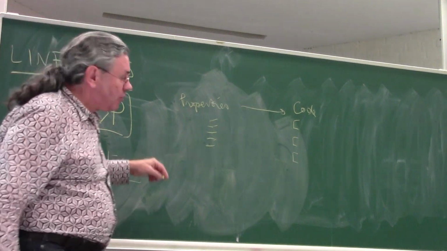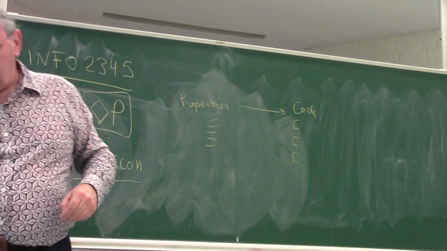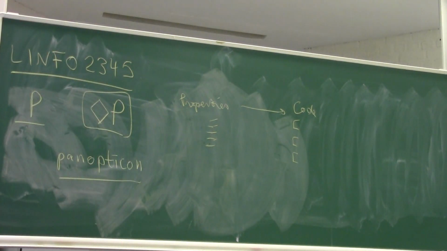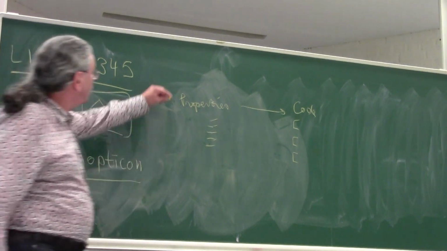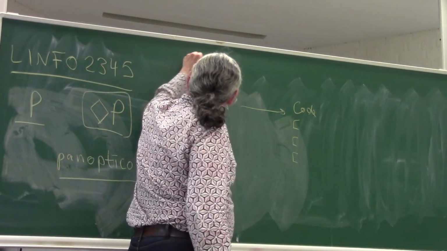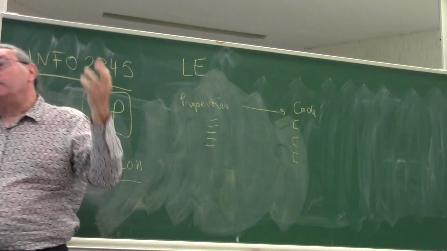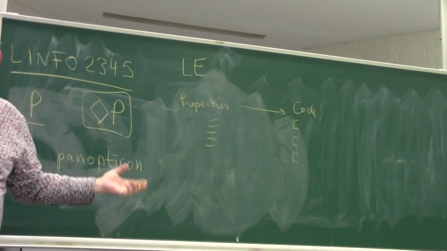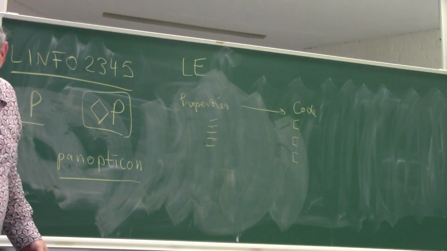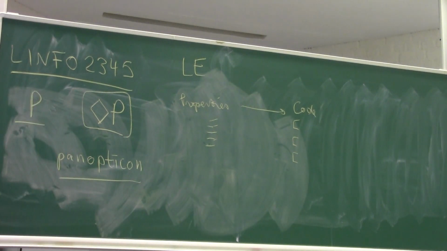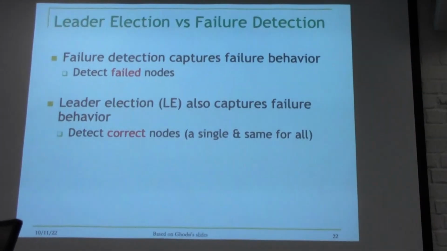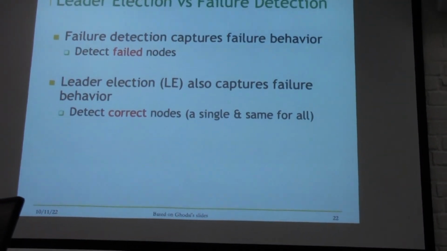So this is an example of that. Let me show you an algorithm called leader election. It's actually an interesting algorithm. Leader election, it's usually called LE. You have a bunch of nodes and they have to elect a leader. And the reason why I'm showing you is that it actually is kind of like failure detection, okay? Sort of, intuitively.